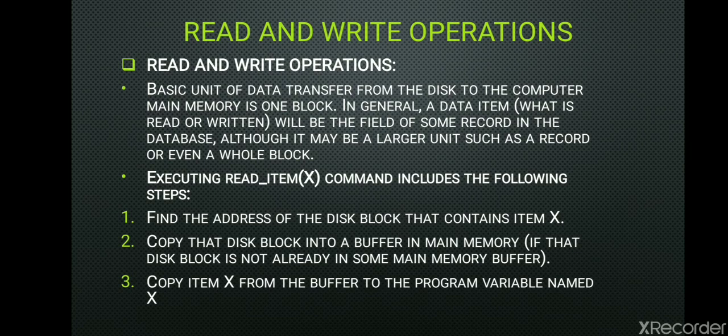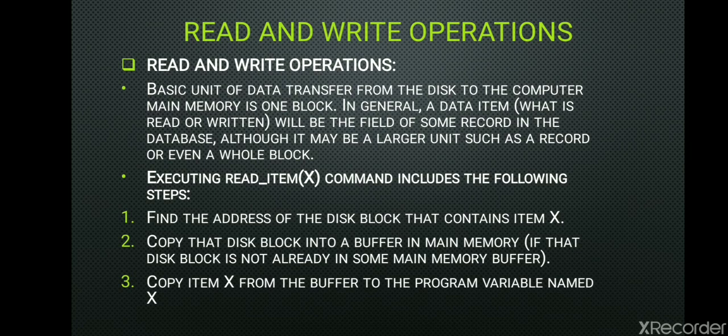For example, what happens in this process? We want to read an item named x. So first, if we have to go anywhere, or if we need any information, what we actually need is the address. Address is the primary thing which helps us find the main location of that data item. If we have to go to any city, what we always do is find out the location, like what is the path for that.